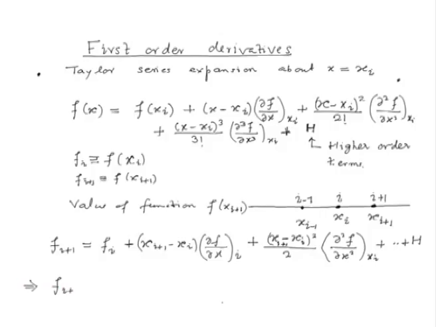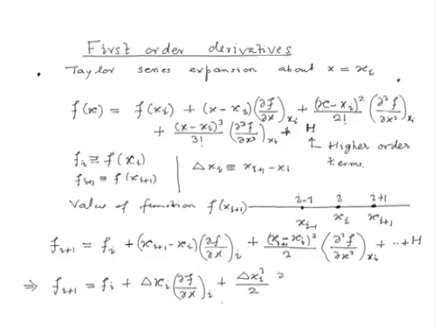So, we can write in a compact form that f_{i+1} is f_i plus delta x_i, where remember we have used the symbol delta x_i to denote the difference between x_{i+1} minus x_i. So, f_{i+1} becomes f_i plus delta x_i del f over del x at i, plus delta x_i squared divided by 2 del 2f over del x square at point i, plus delta x_i cube divided by 6 del 3f over del x cube, plus our higher order terms.